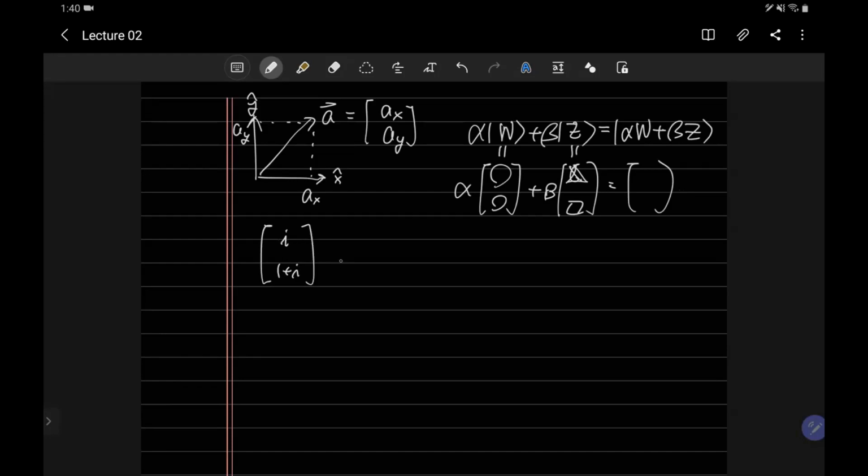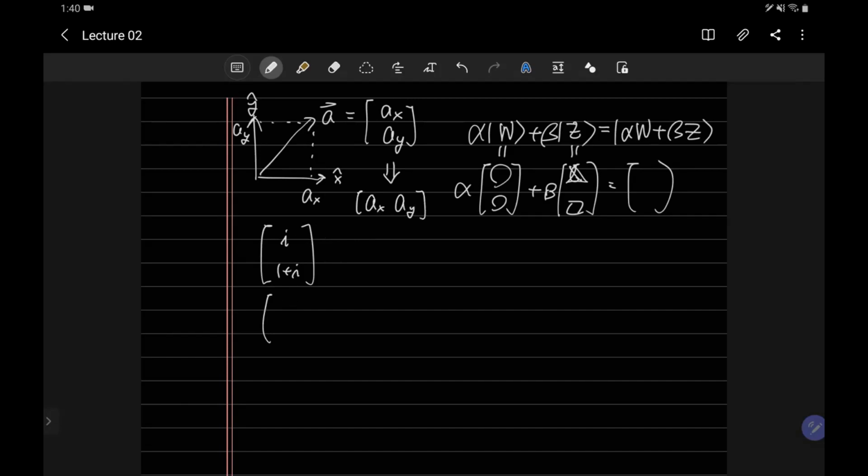Then we are also familiar with the concept of transposing this column vector to the row vector. If our given vector is some real space vector like ax, ay, then the corresponding row vector will be ax and ay.